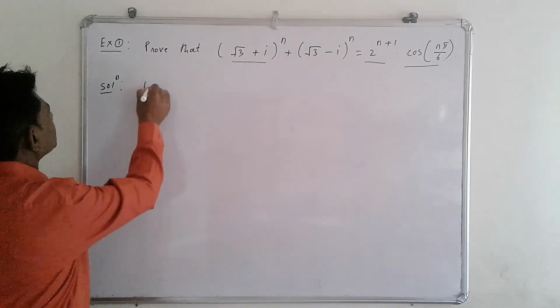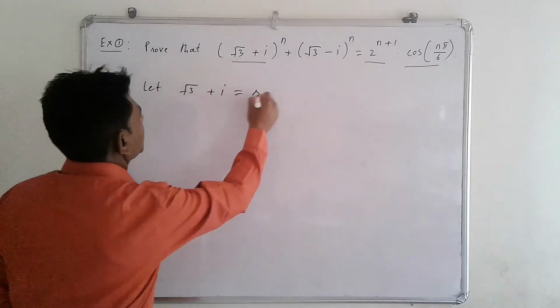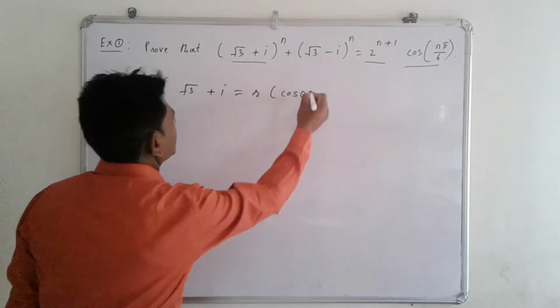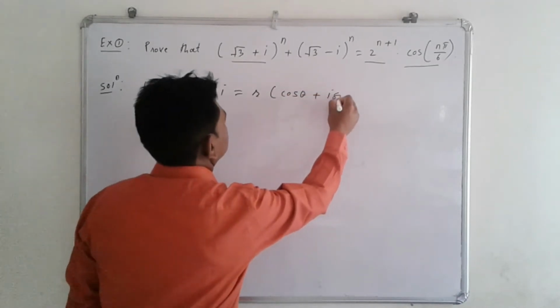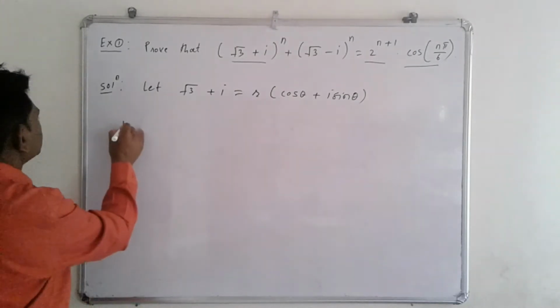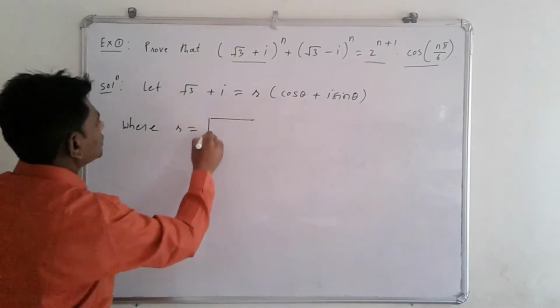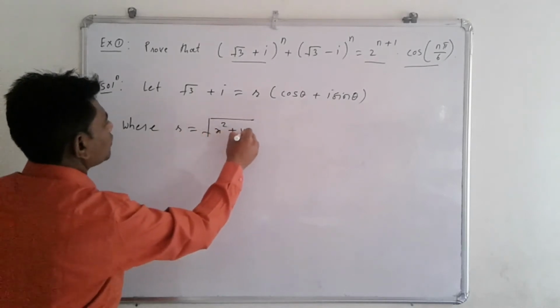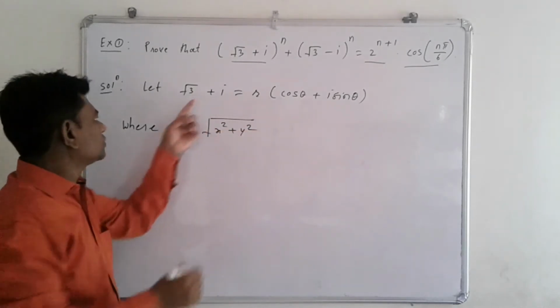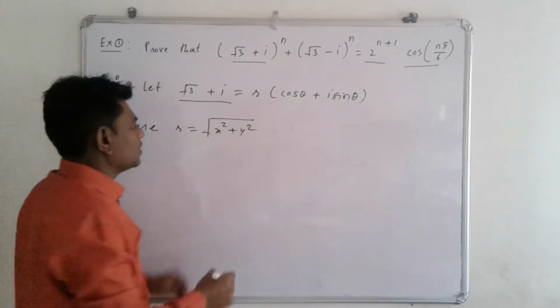So, let root 3 plus i be equal to r cos theta plus i r sin theta, where r is equal to root of x square plus y square, and x is the real part of the complex number and y is the imaginary part of the given complex number.